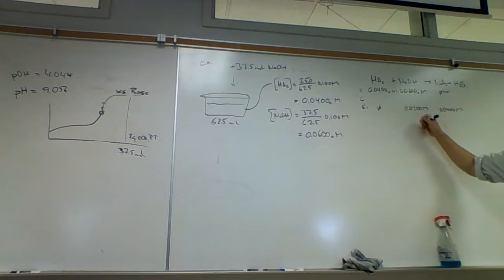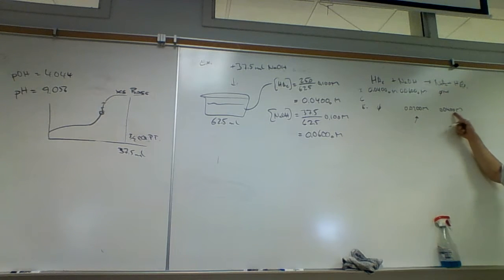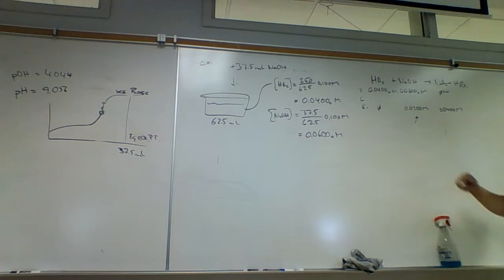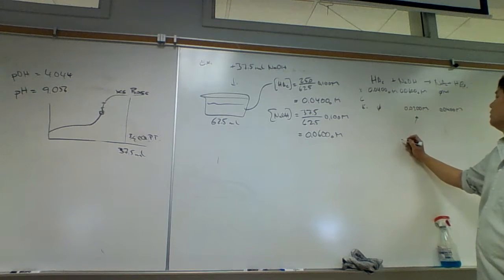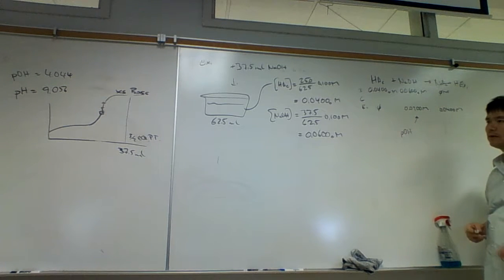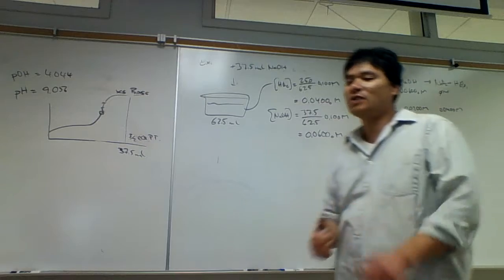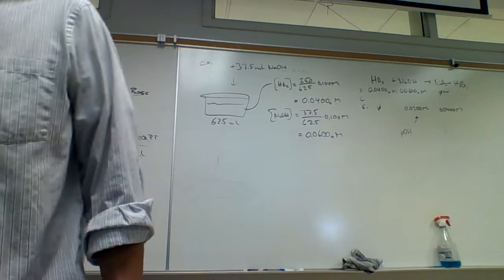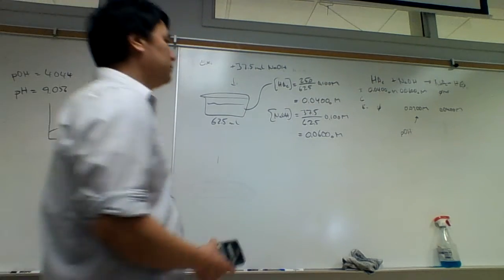If we stop here, that makes it easy because we don't have to do any more ICE tables. This acetate doesn't really contribute much additional because of the common ion effect. And so the pOH is just going to be based on this. We expect very little subsequent hydroxide addition from Kb and Kw.